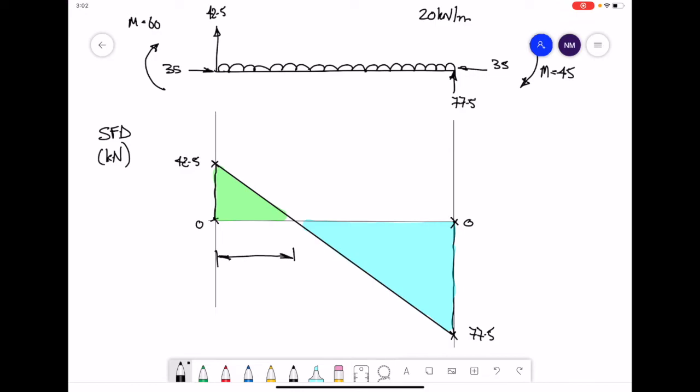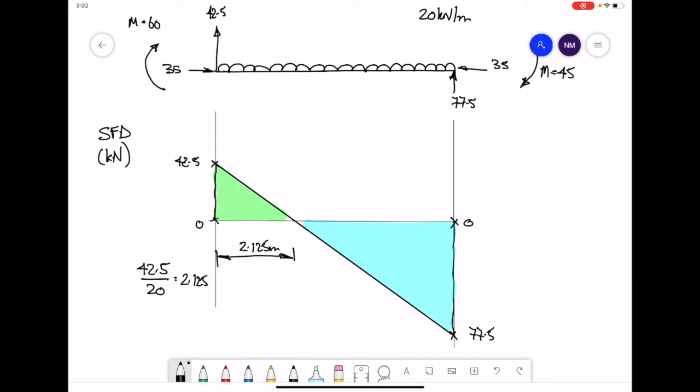Very simple to work out. Take the starting point, 42.5, divided by the rate of the UDL, which is going to be 20, and that should give you 2.125. Therefore, this distance to where your line crosses the x-axis is 2.125 meters.